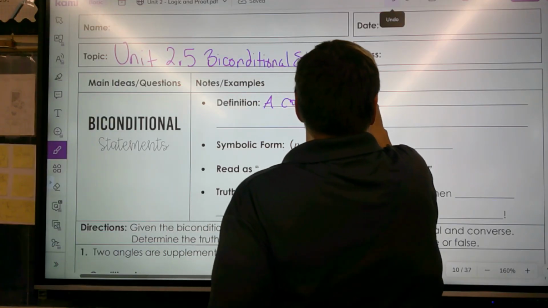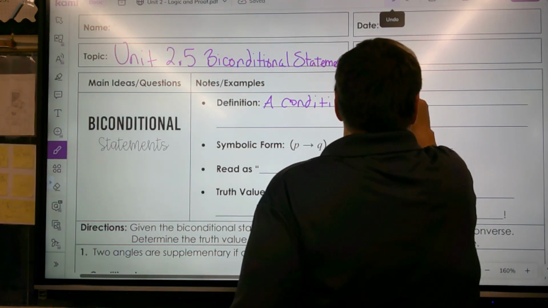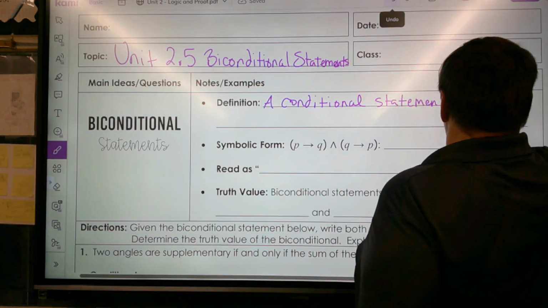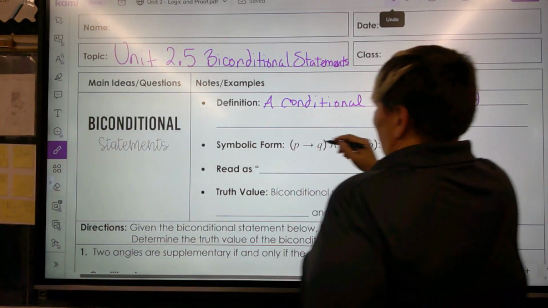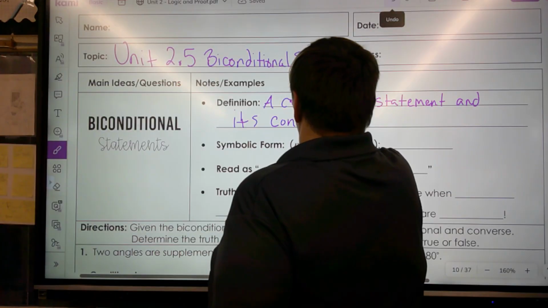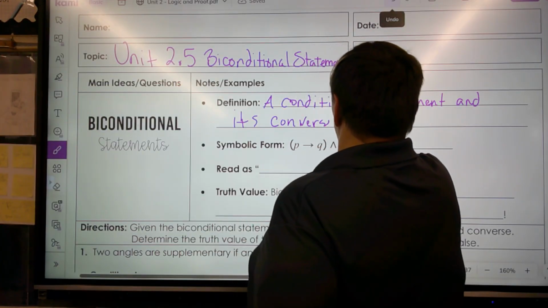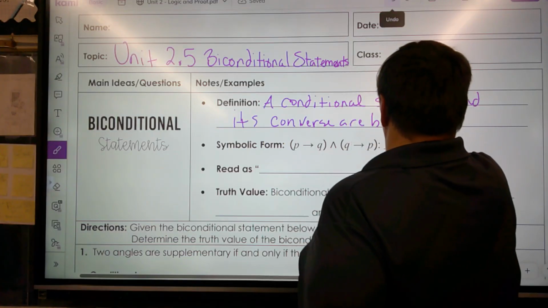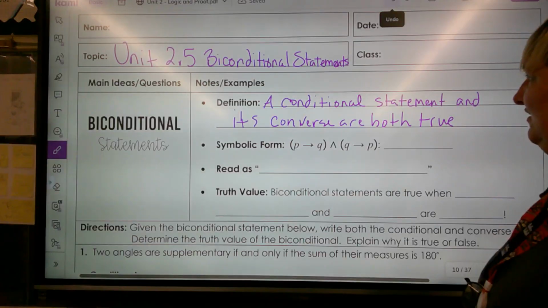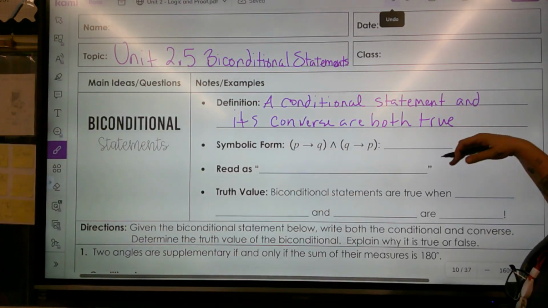conditional statements and its converse, its switch, are both true. A conditional statement and its converse are both true.